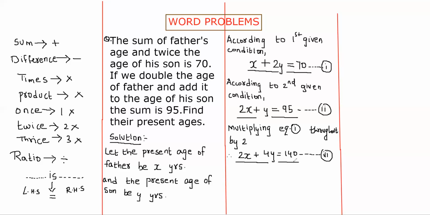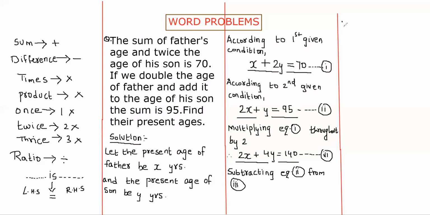Now 2x is exactly the same. It has the same sign, plus 2x and plus 2x. So to cancel plus 2x and plus 2x, we need to subtract. So it is subtracting equation 2 from 3. Since I wrote 2 from 3, after 'from' we have written 3, so we'll start from equation 3.